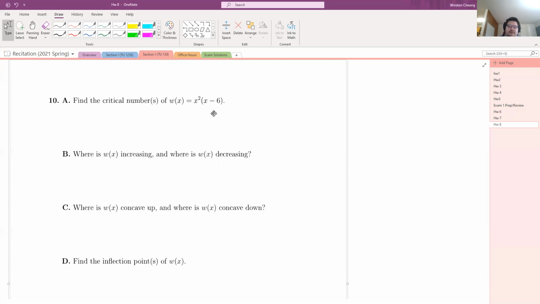Like we would tell you what the derivative and second derivative end up actually being. And then you're supposed to read all that information off of those. The reason we give you the first and second derivative is just to save time. Otherwise, you have to go through a somewhat tedious process of doing quotient rule.